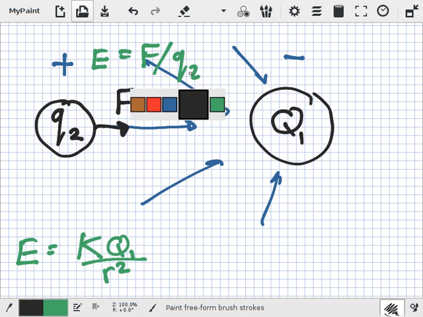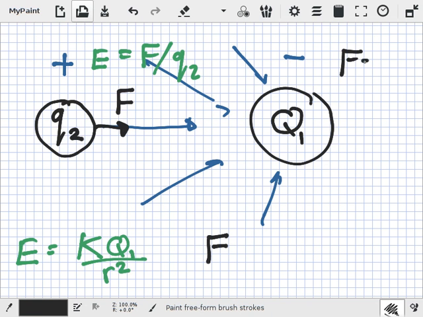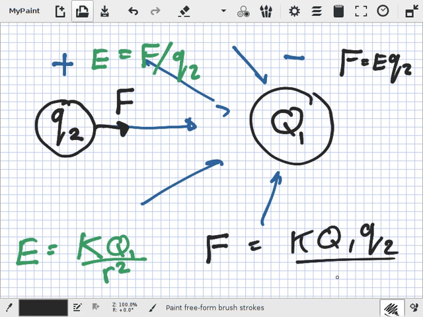So we can say that F equals E Q2. But this is E. So we can say F equals K Q1 Q2 over R squared. This is Coulomb's law. It's the force between two charges.